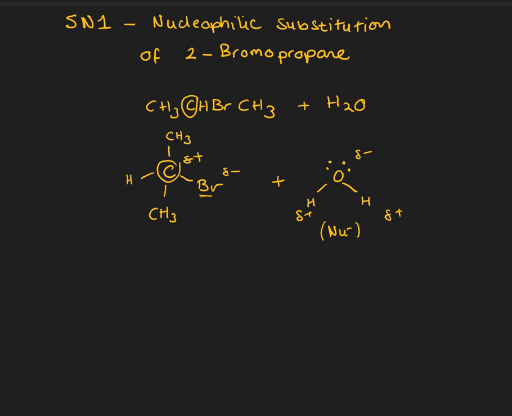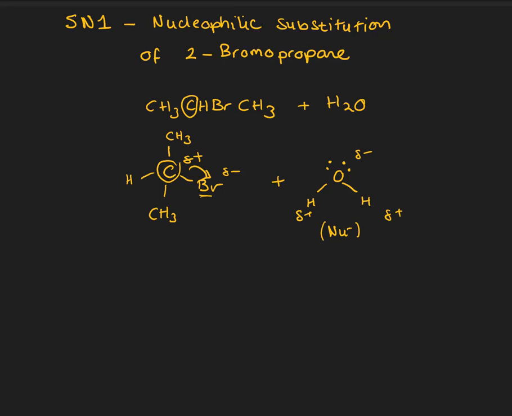So what happens first? The first thing is this bromine, again acting as our leaving group, leaves, it goes, so it takes electrons and goes on its way. And what happens is we generate a carbocation intermediate, and we know what a carbocation looks like. We know it's carbon with 3 bonds to it and a positive charge.